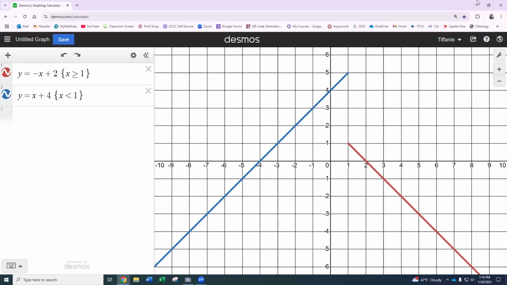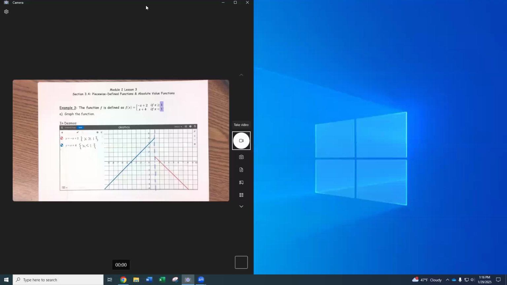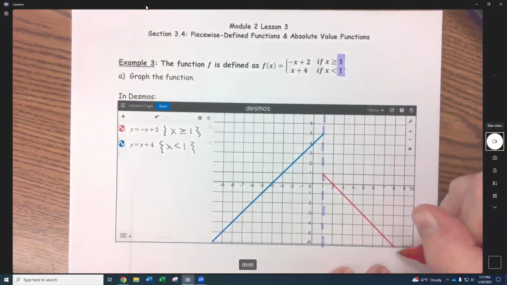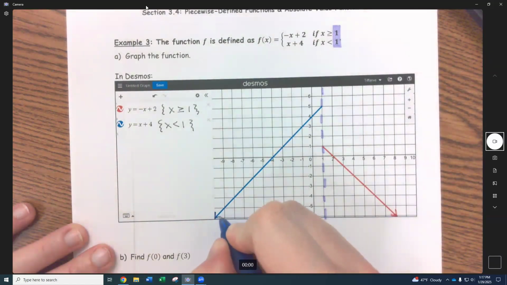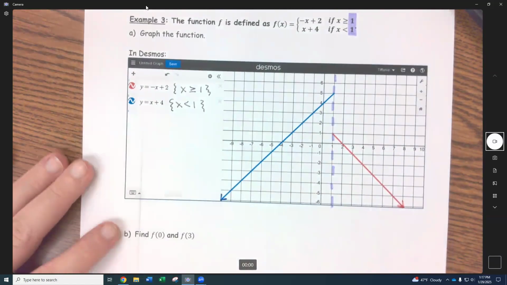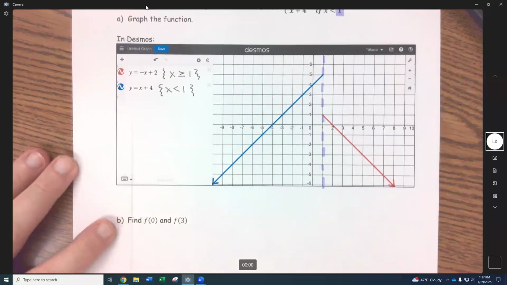So you don't have to include these arrows here, but we do need to remember that this is going infinitely in these two directions.